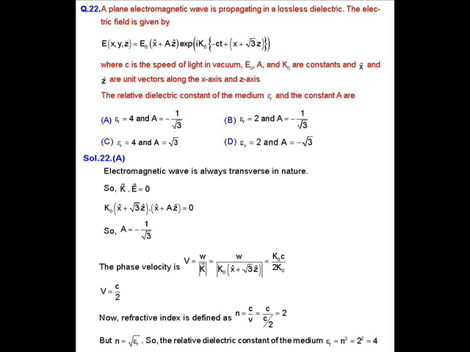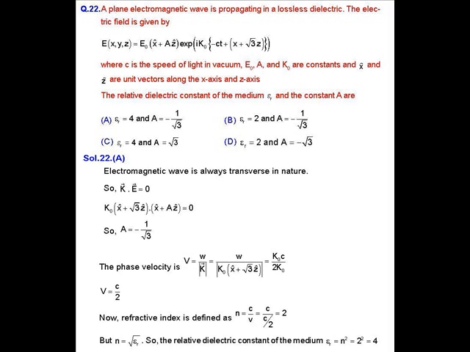Now, if we put the values of c and v as calculated earlier, we will get refractive index in this scenario equals 2. And if we know the refractive index in a particular medium, we can also find the relative dielectric constant in that medium, because refractive index is equal to the root of the relative dielectric constant.